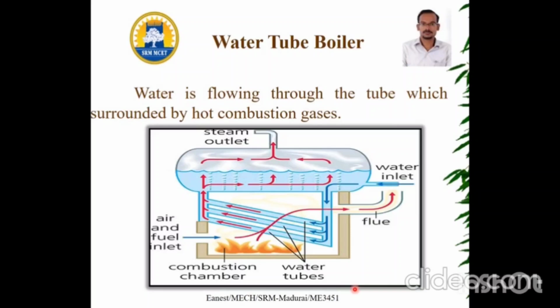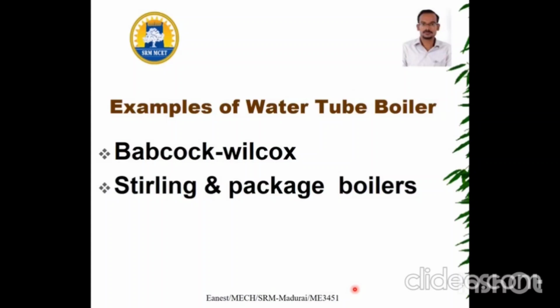In the water tube boiler, the water is circulated in the tubes, as the name also describes. That means water is circulated in the tube, whereas the hot flue gas flows over the tube, which changes the phase of the water from liquid to vapor.